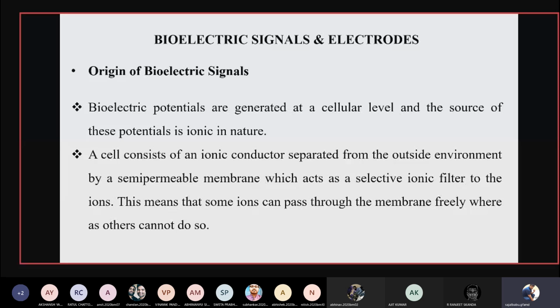Like I said at that time, your nerves and muscles are producing these bioelectric signals, and we are capturing them. But you need to know how these bioelectric signals are getting extracted from the nerve cells or muscle cells, and how they are producing the electric potential there. So you need to know this: what is the origin of this bioelectric signal.